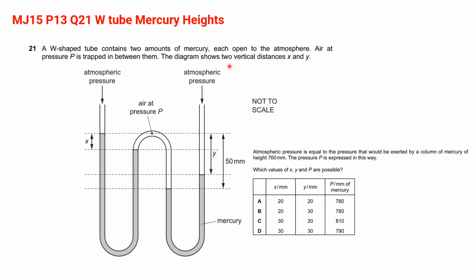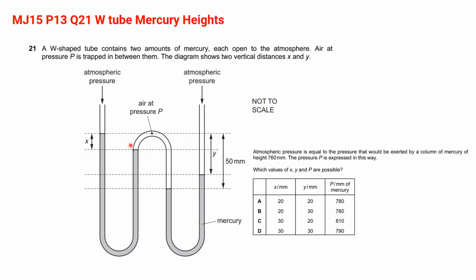The diagram shows 2 vertical distances, X and Y. Atmospheric pressure is equal to the pressure that would be exerted by a column of mercury of height 760 mm. The pressure P is expressed in this way. Which values of X, Y, and P are possible?